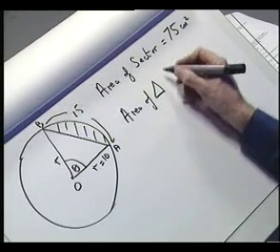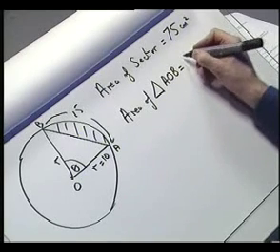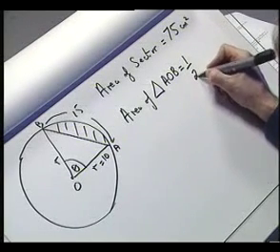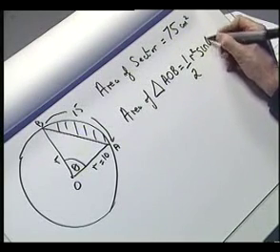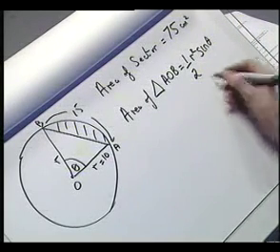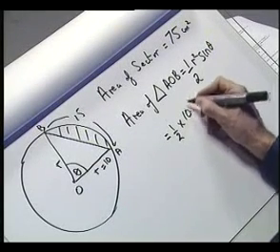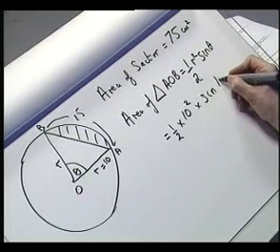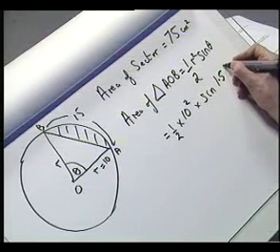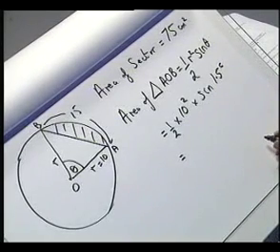Area of the triangle AOB. And the area of the triangle will be a half r squared sine theta. So that's a half times by 10 squared times by the sine of 1.5 radians.